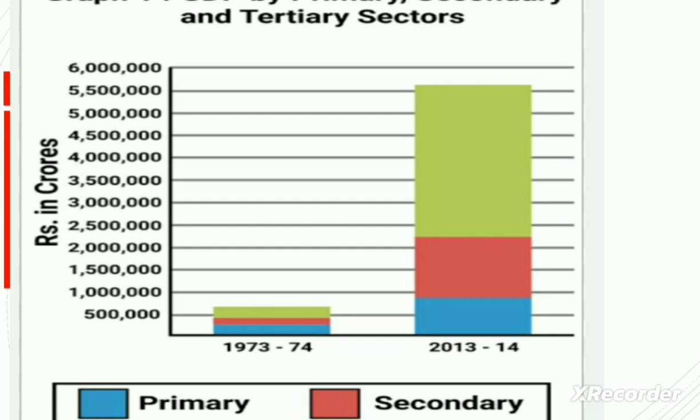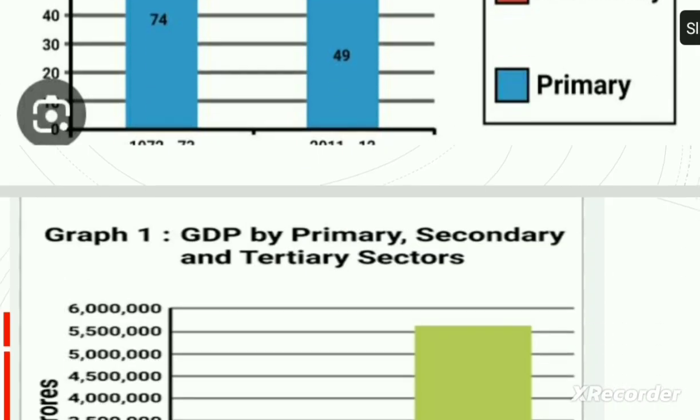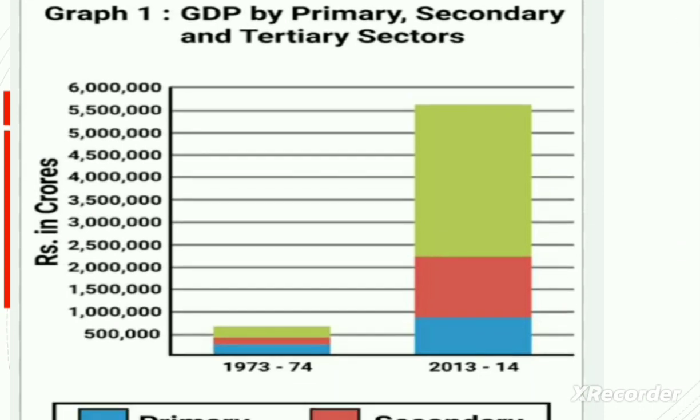The percentage the agriculture sector contributes is approximately 12 to 13%, whereas the tertiary sector contributes more than 50%. It is approximately 70% contribution to GDP from the tertiary sector.